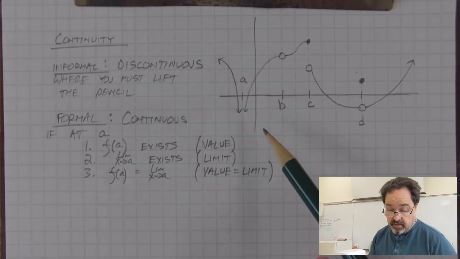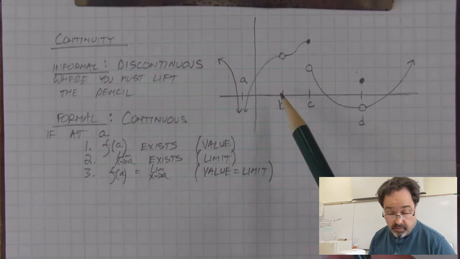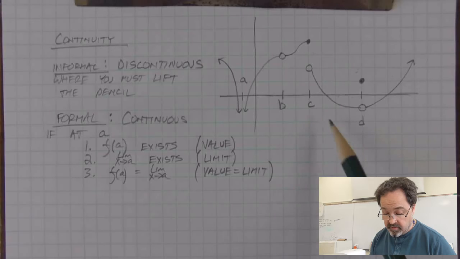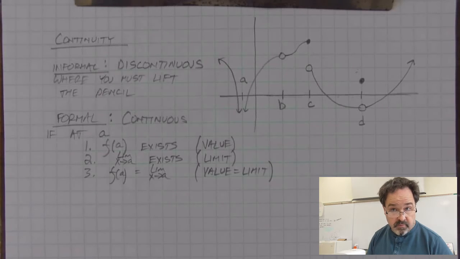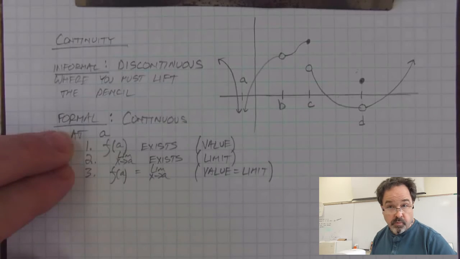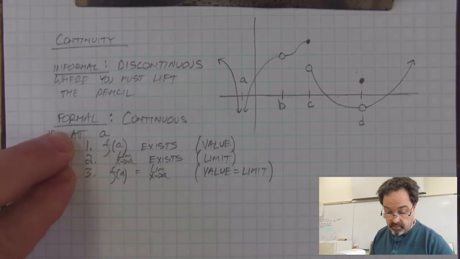So we can say now precisely why at each of these locations A, B, C, and D, it is not continuous. At each of these locations, at least one of these rules is broken.